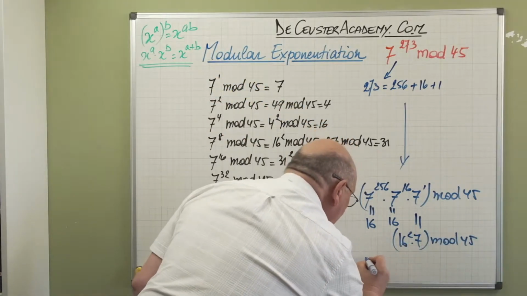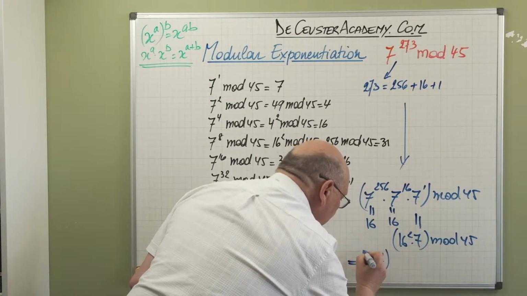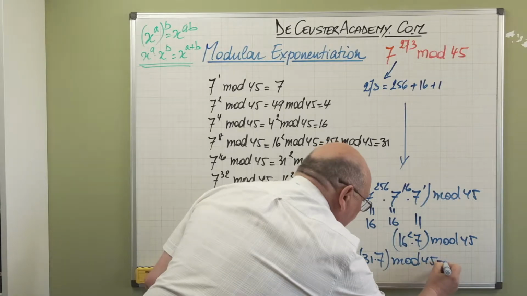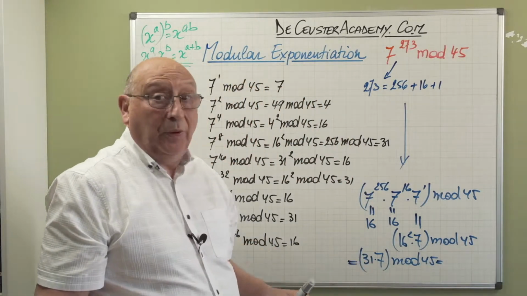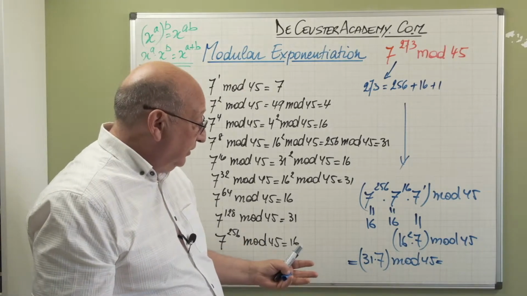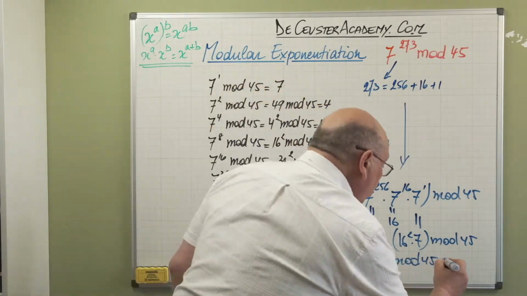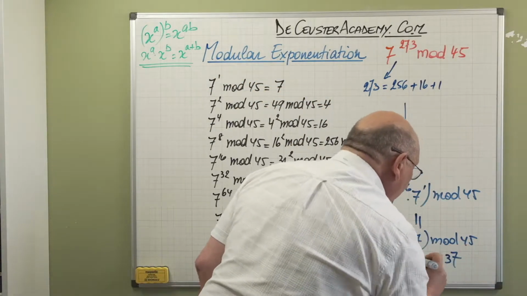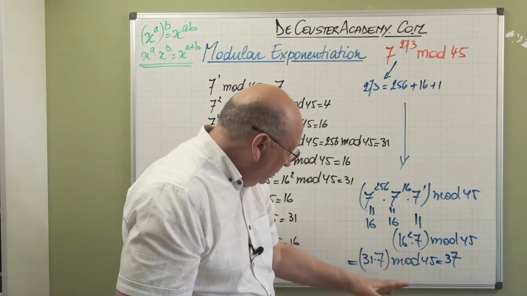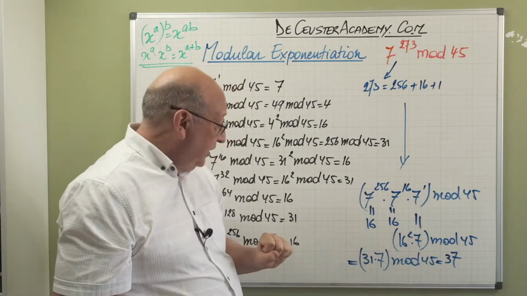So we can say that this is equal to 31 times 7 modulus 45. And 31 times 7 is in fact 217 modulus 45, which gives us 37.